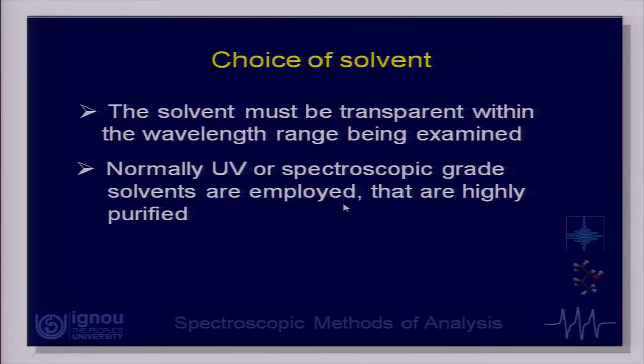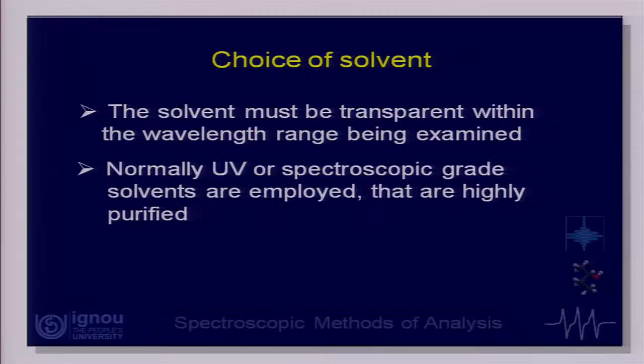Typically for UV measurement, we use solvents which are UV grade, also called spectroscopic grade solvents. These are solvents which are extensively purified, so that they do not absorb this radiation, because if you take a solvent and pass radiation through it, even the solvent itself can absorb. If it absorbs, then it will interfere with my determination of the analyte.